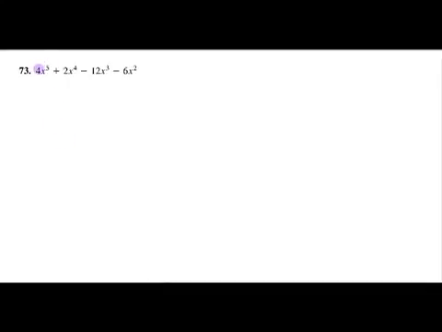So looking at the coefficients, 4, 2, 12, and 6, they all have a 2 in common. Looking at x to the 5th, x to the 4th, x cubed, and x squared, they all have at least x squared. When I do that, I'd be left with 2x cubed plus x squared minus 6x minus 3.